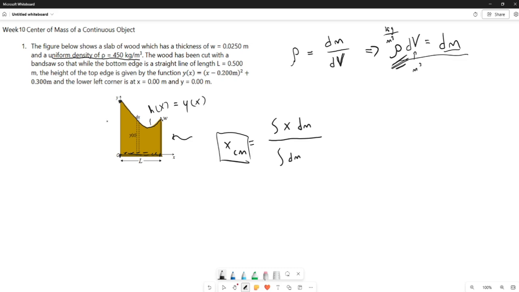You see that this is a weighted average with respect to position, where the more mass there is at a position, the more it contributes to the most likely point you'll find the mass, which is the center of mass.